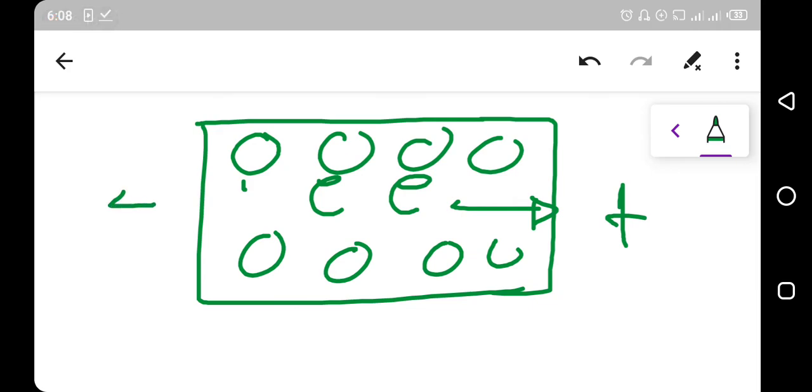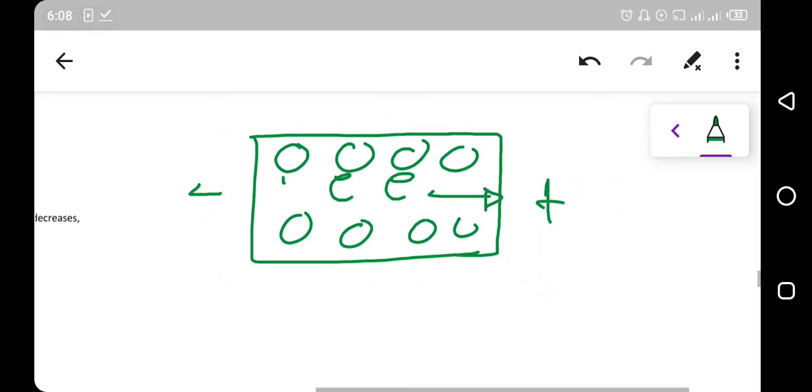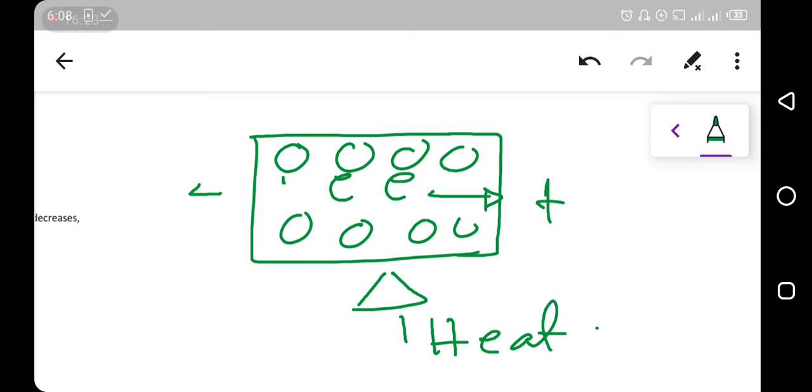Endapo tukiweka heat, let's say tuka-apply hapa heat, tutaona hizi atoms zitakuwa zina vibrate. Zikiwa zina vibrate zinazuia hizi electron kumove katika mstari wake kwa uwepesi. Kwa hiyo inapunguza mobility ya hizi electron kupita kwa uharaka.